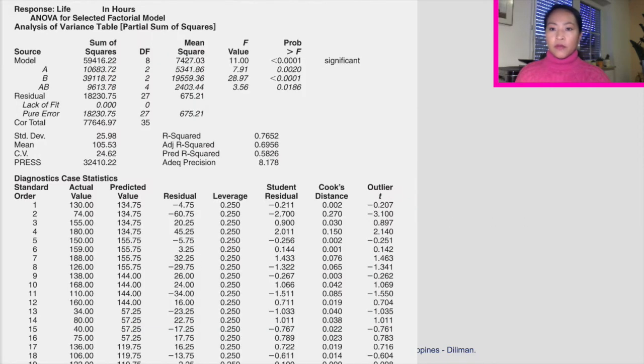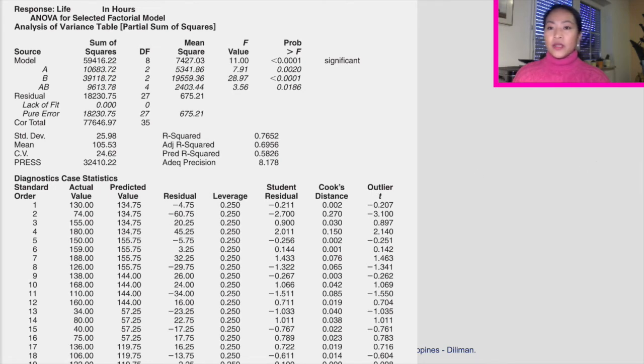Okay. And so if we investigate further, this is a computer output using Design Expert, and as I've mentioned previously, you can of course use other statistical software to come up with basically the same output, assuming that you use the software correctly.